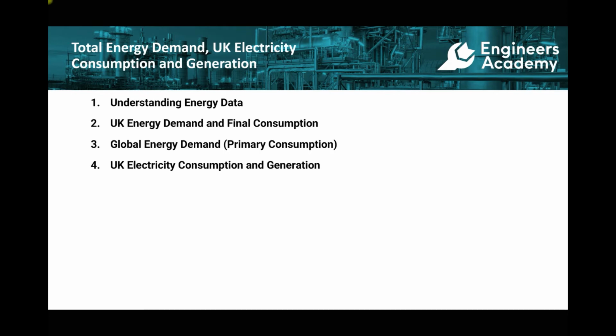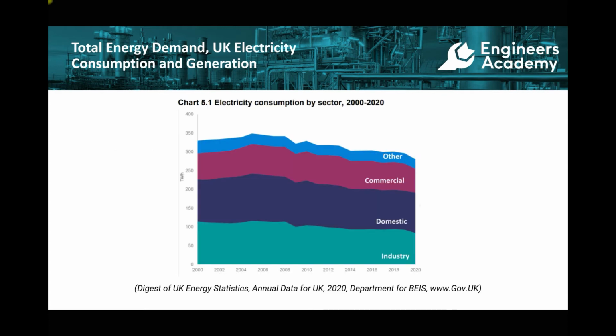So next then, let's return to UK data, and now we're going to look specifically at electricity consumption and generation, rather than the consumption of primary fuels. So the graph shown here is the electricity consumption by sector. We can see that domestic consumes a lot of electricity, as does industry and commercial.